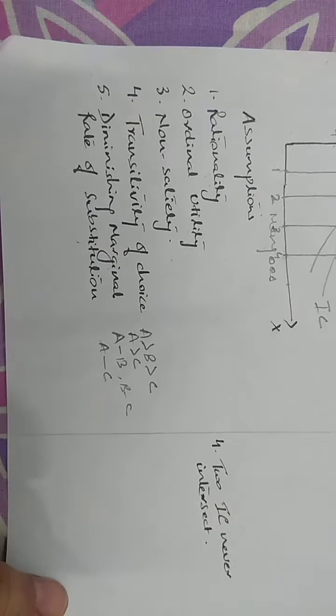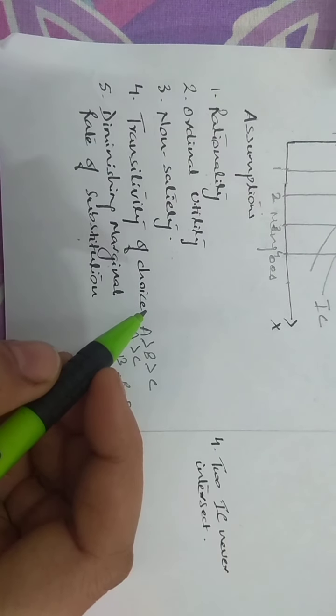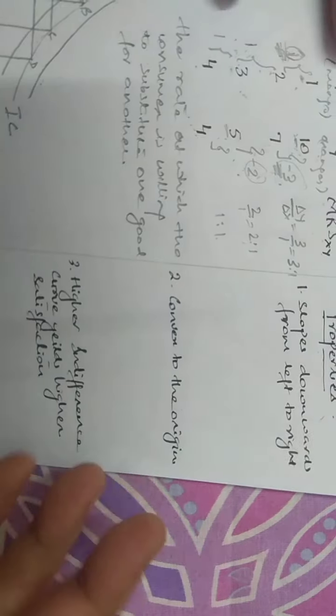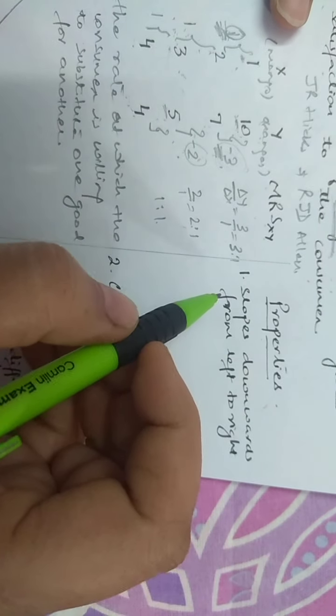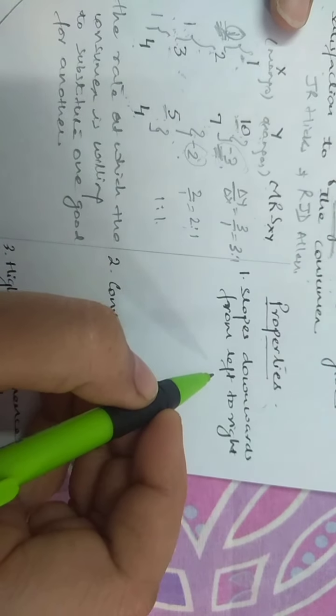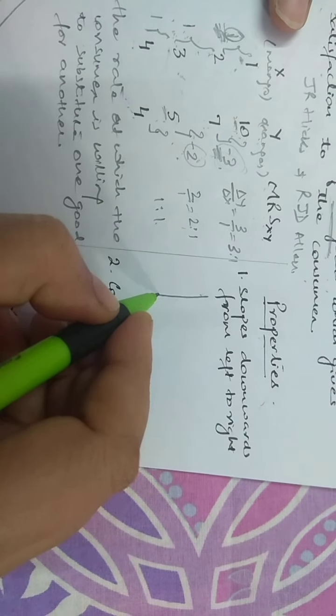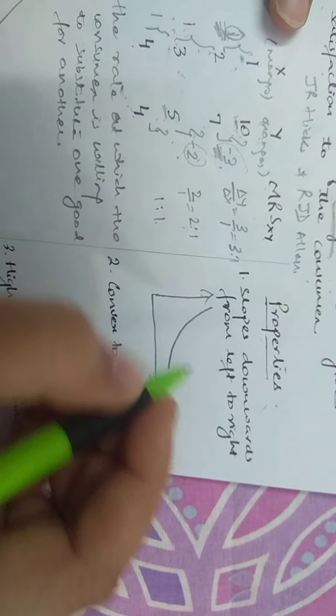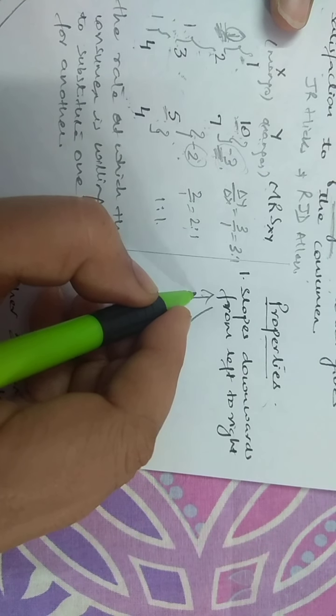So these are the assumptions on which indifference curve analysis is based. Now we come to the properties of indifference curve. The first says it slopes downward from left to right. Slopes downward from left to right means it is coming like this.